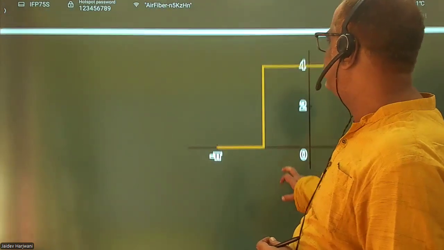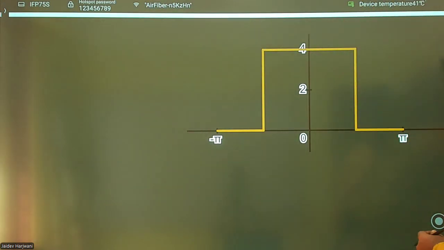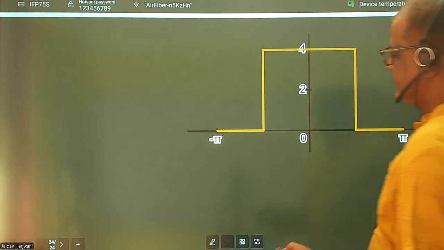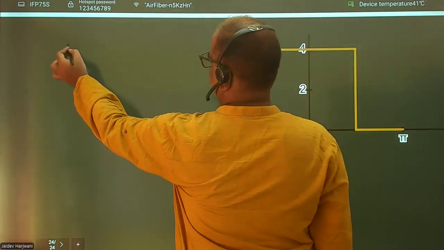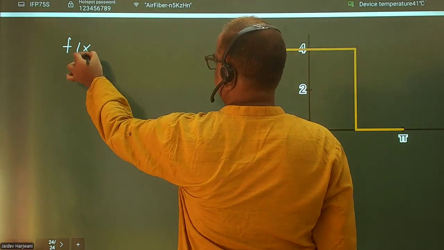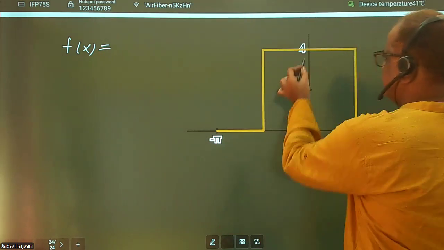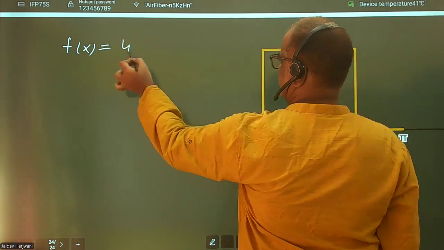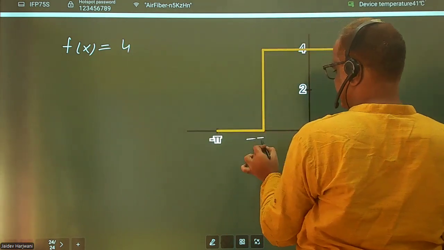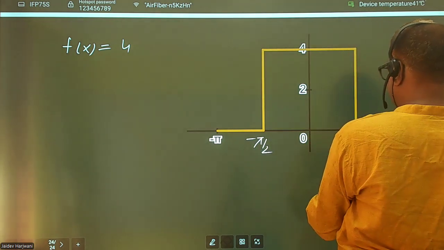Say we have this function. This function f(x) is equal to 4 between minus pi by 2 and plus pi by 2.